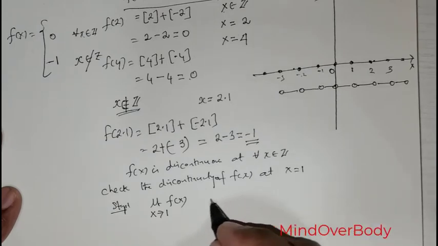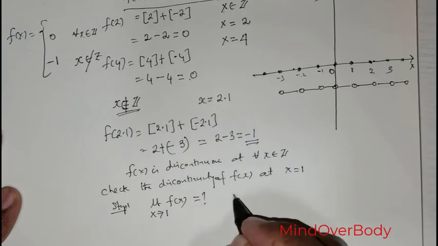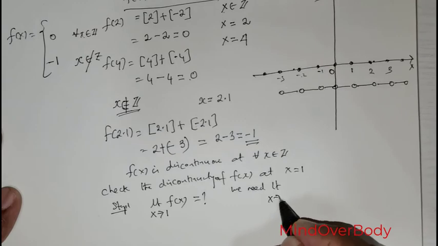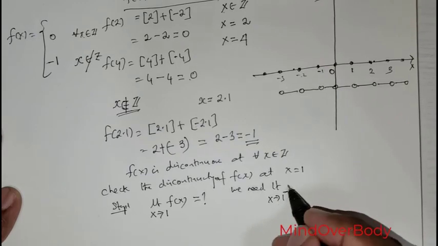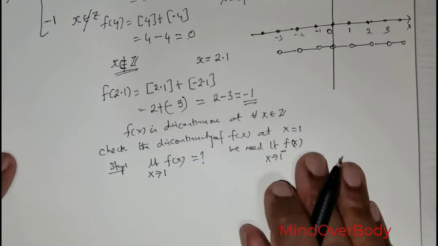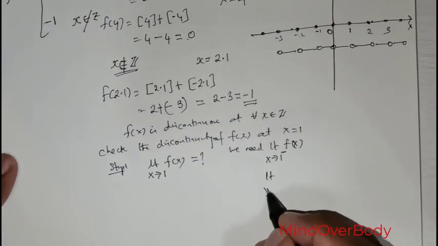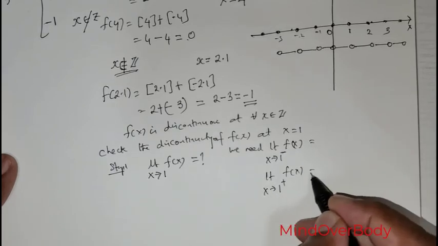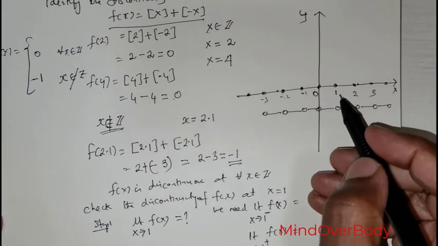So for this we need to check limit x tending to 1 from the left hand side of the function, and we need to check limit x tending to 1 from the right side. Now in either cases, let us go back to the graph.